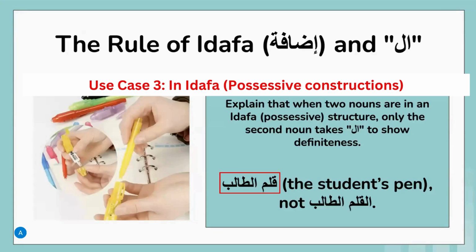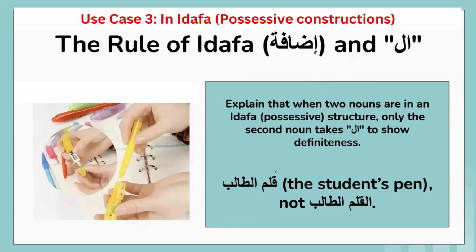We should not get confused with al-qalam at-talib. It's grammatically incorrect. You can think that this is the pen, the student. So, what does it mean? It doesn't mean the student's pen. It would be incorrect. Let me tell you another example. I want to say the student's book.